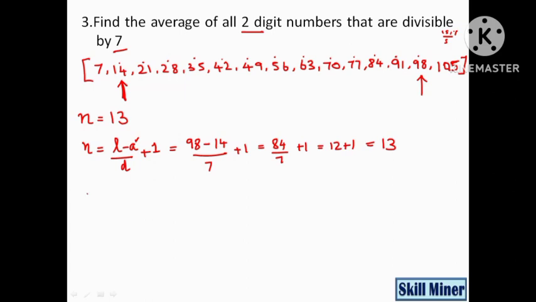We know that average will be sum of first value, that is 14, and last value, that is 98, divided by 2.